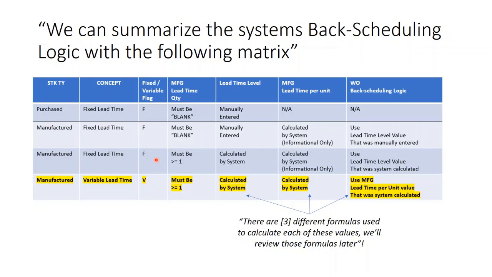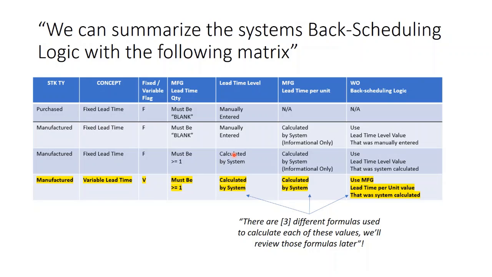Now, if we were to choose to use fixed lead time concepts on a make item, but have the system calculate the lead time level, again, we must assure the manufacturing lead time quantity is of a value greater than or equal to 1, and typically we would recommend it be a typical or standard lot size.